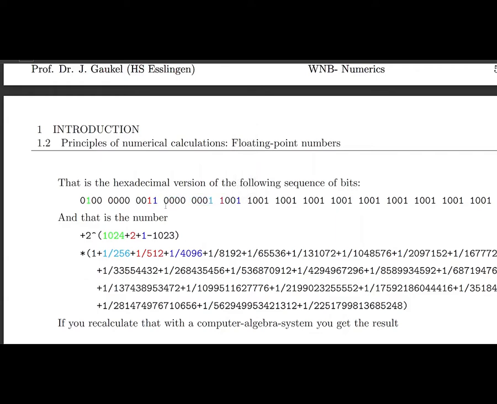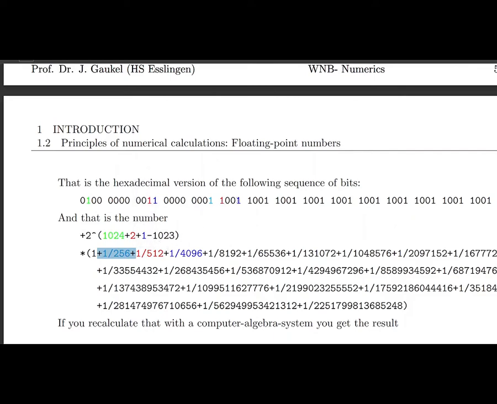And then we see this sequence following. This is 0 times a half, 0 times a quarter, 0 times 1 over 8, 1 over 16, 1 over 32, 1 over 64, 1 over 128, 1 over 256. That's what we have here. And then this one is 1 over 512.